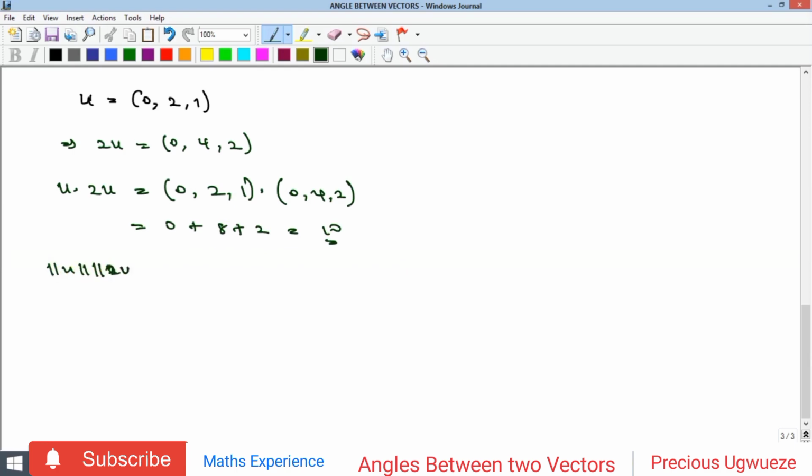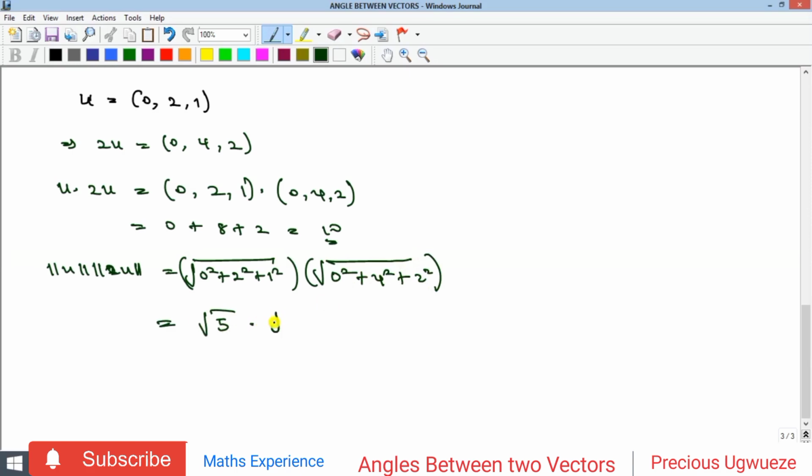The magnitude of u will be the square root of 0 squared plus 2 squared plus 1 squared, which is root 5. The magnitude of 2u is the square root of 0 squared plus 4 squared plus 2 squared. 16 plus 4 is 20.